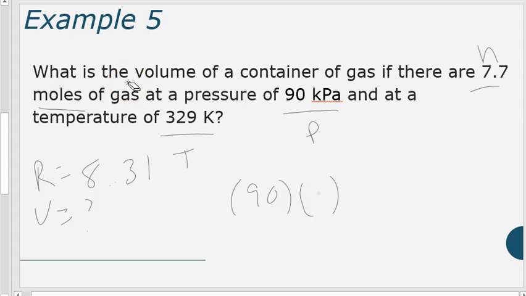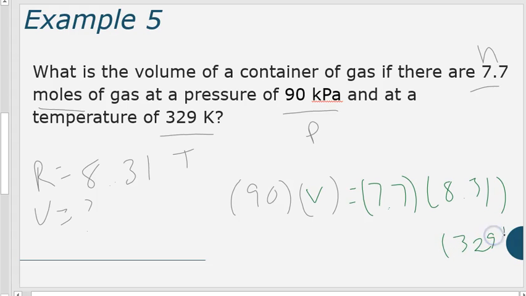That's supposed to be a V. So we have 90 times the volume equals moles, which is 7.7, times our pressure constant, we decided we're going to use 8.31, times our temperature, which is 329 Kelvin.